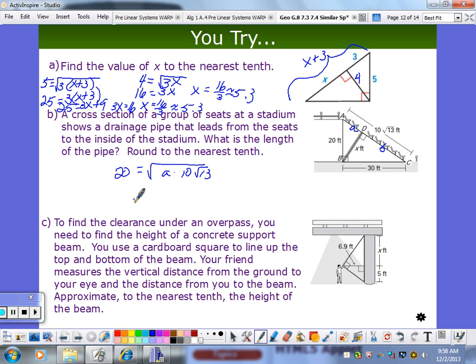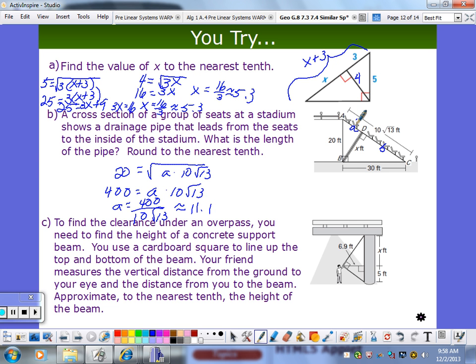So then I can get A by squaring both sides. Kind of gets it right out of jail. So what's A? It's 400 over 10 radical 13. And I just used my calculator, because luckily I'm going to the nearest tenth here. What did I get? 11.1, I think. I think that's what it came out to.